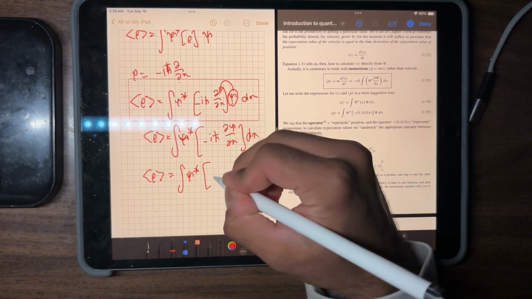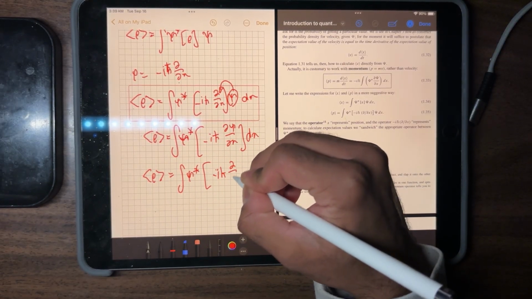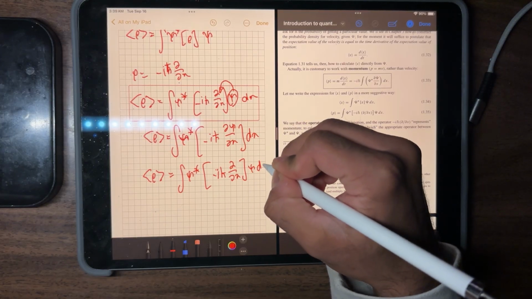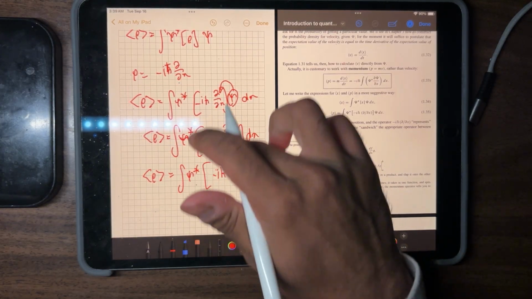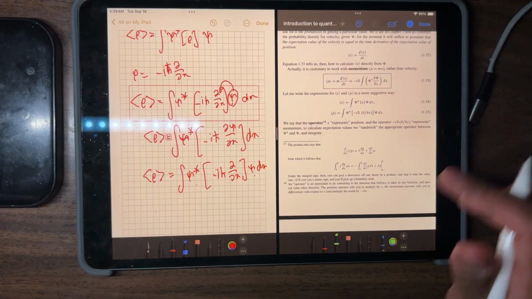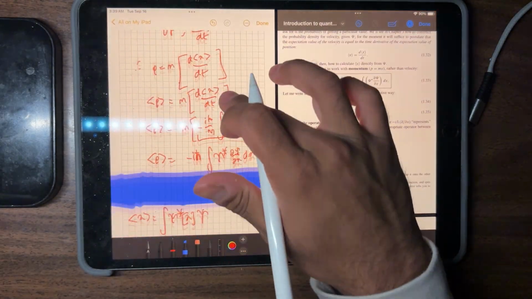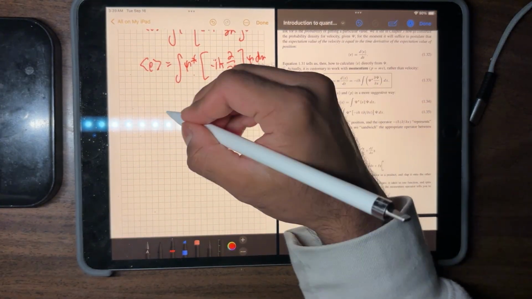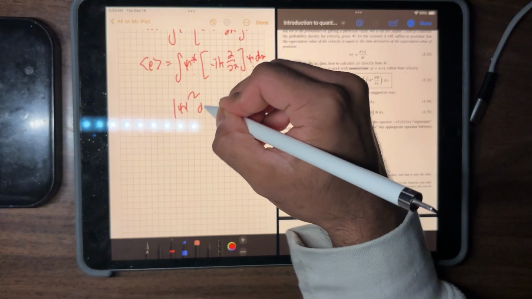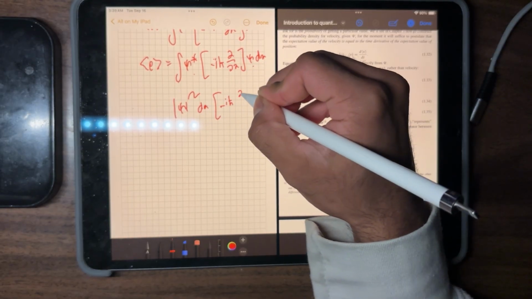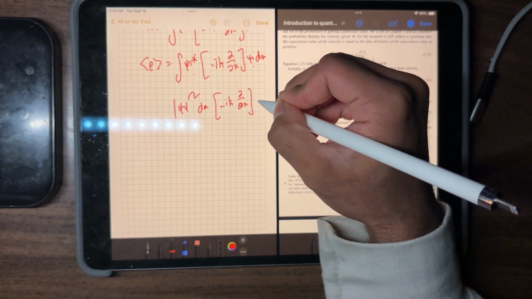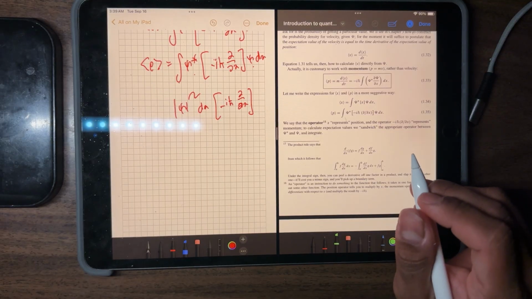If I write the equation again, minus iota h bar curl by curl x psi dx, this and this will just output psi squared dx, minus iota h bar curl by curl x, right? Cool.